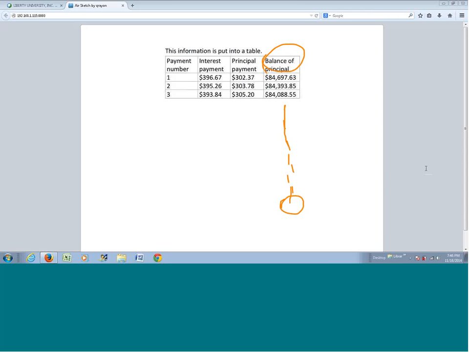So the bank only has 150 opportunities to charge you interest instead of 180 opportunities to charge you interest. So if you pay more toward the principal balance, then you would pay the mortgage off quicker and save a ton of interest.